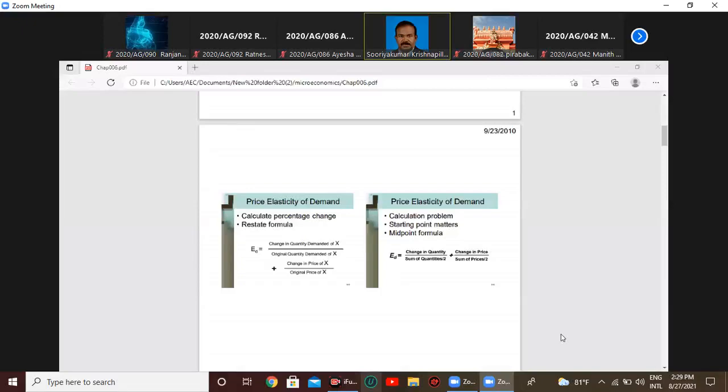This is the formula. We can rearrange it as the change in quantity demanded over the change in price, multiplied by the original price over the original quantity.